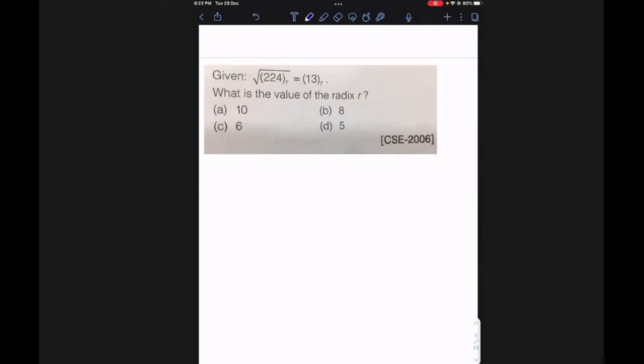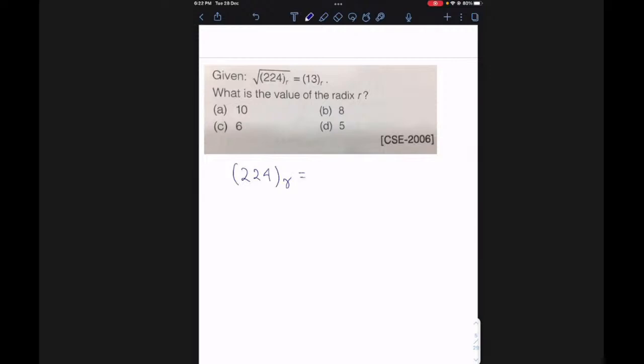So what we'll be doing is, again, we don't know what this base r is, right? Because people are comfortable dealing with algebra in base 10, I'll be converting this base r into base 10. Mayank is saying squaring both sides. You cannot square it because you don't know whether it is in base 10 or what. So the first task is to find the base 10 equivalent of this 224 in base r.